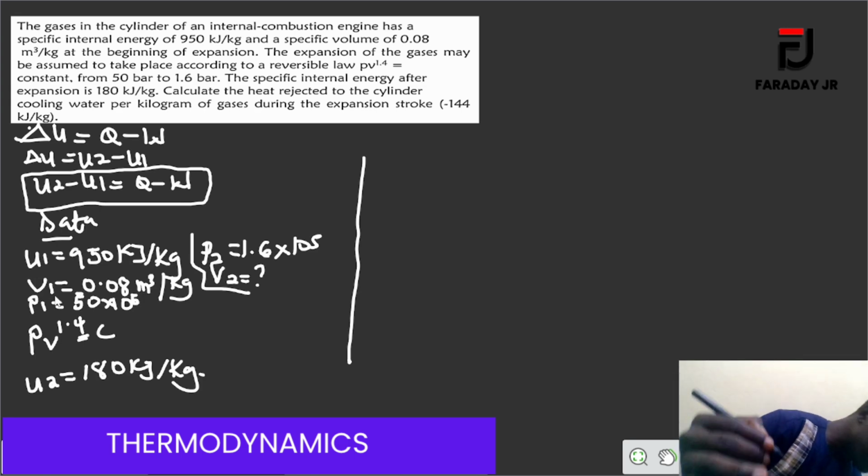First of all, we need to find our work. We know our U, we know our V1, and we know our P1 as well. So what are we going to do? We are going to solve for our work.